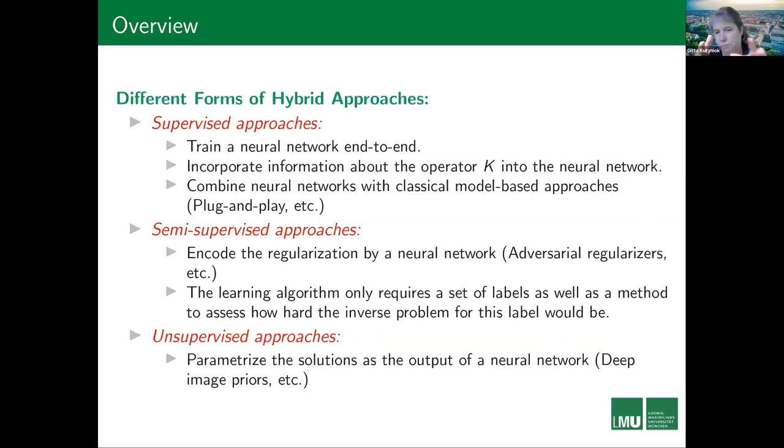It doesn't require training, you just randomize things. In that sense, one might call it unsupervised. There are no labels which you use here. So these are, in a certain sense, three different directions in this whole area, and I would like to now show you some examples for each of those.